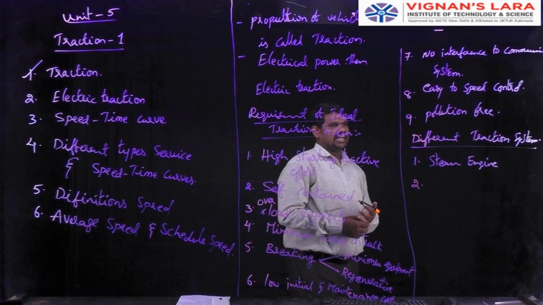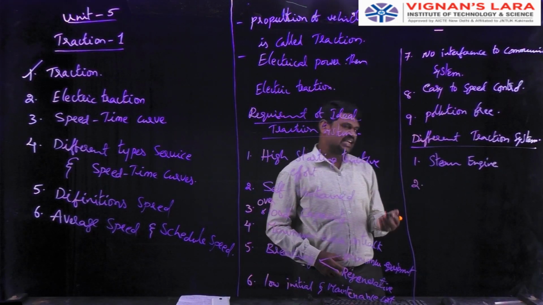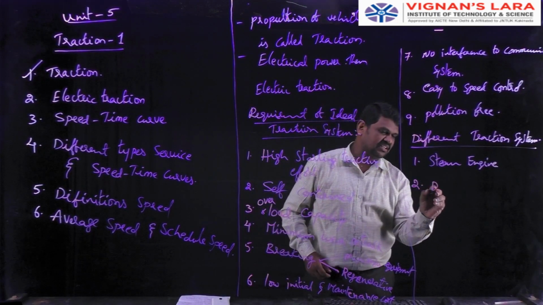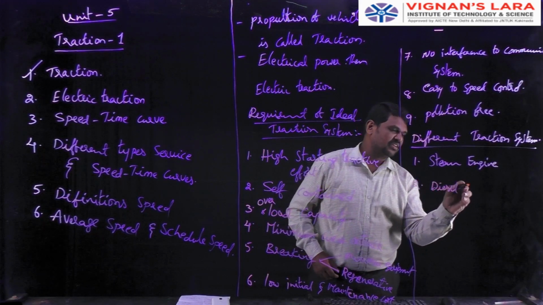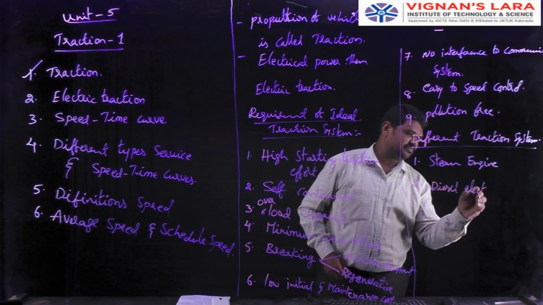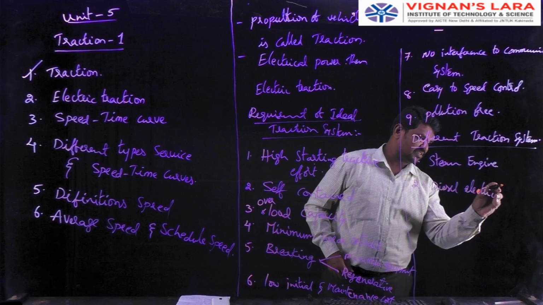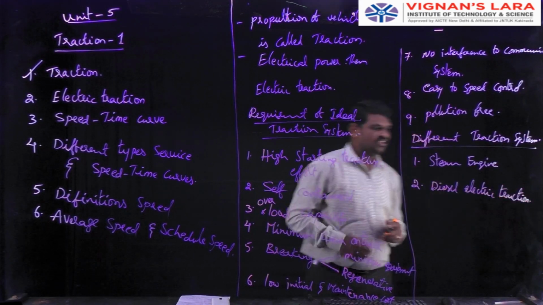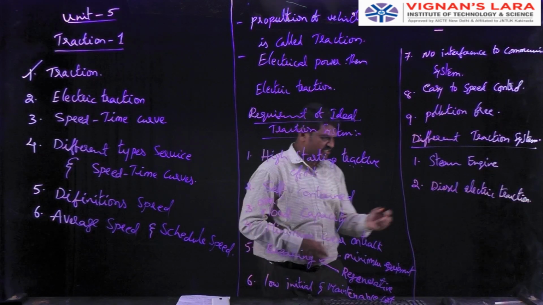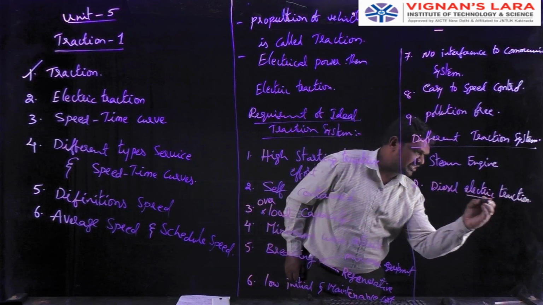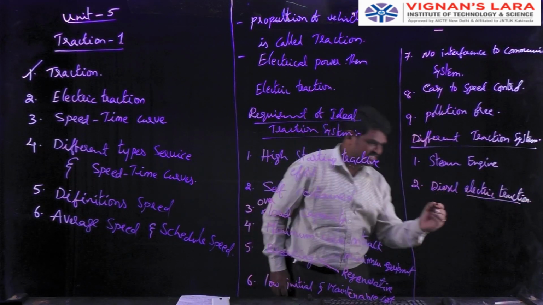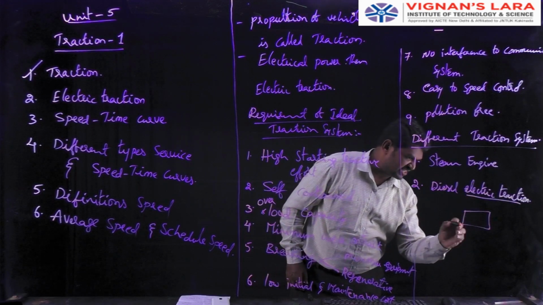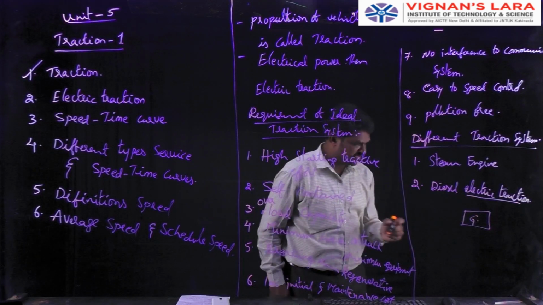Later we go for the electrical traction system. In the electrical traction system we use the diesel electric traction system. In the diesel electric system we use a generator for generation of electrical energy.